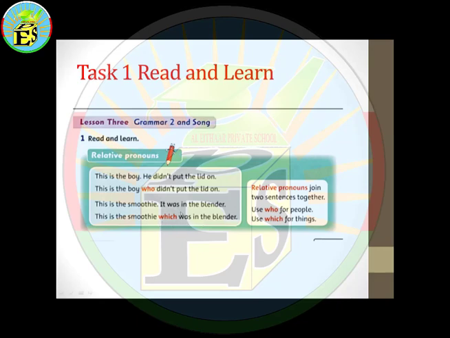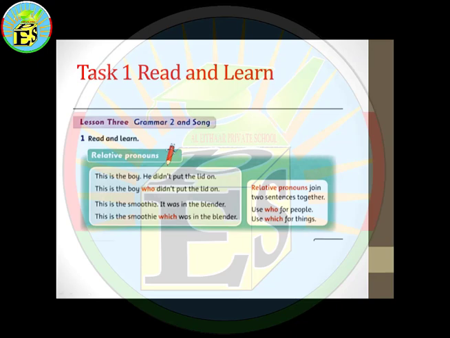Why are we using which here and who here? Because we said that the rule is we have to use who for people and which for things. In this sentence we're talking about the smoothie. Smoothie is a thing that you drink, right? So we use which with things.